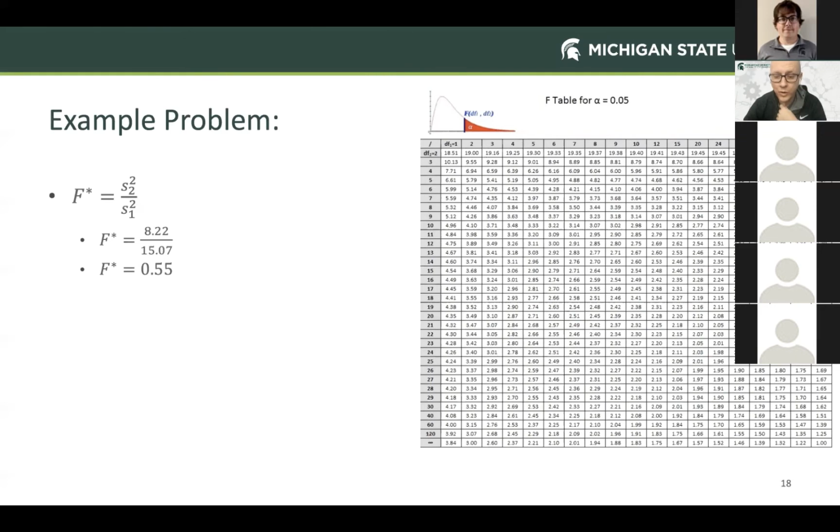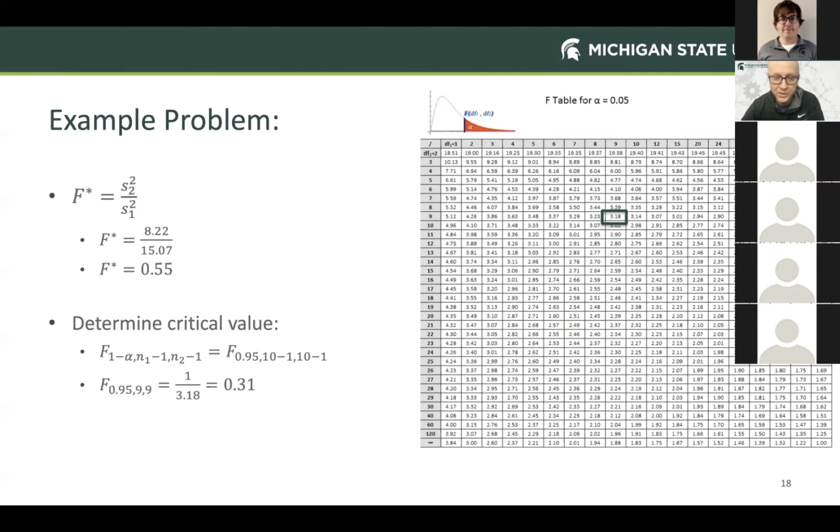Now when we want to determine the critical value in this case, we would be rejecting the null when this value was relatively small, or smaller than we would expect to see just by random chance. The critical value in this case, instead of 0.05, we're looking at the 0.95 value with 9 numerator and denominator degrees of freedom respectively. All we're going to do is take 1 divided by that 3.18.